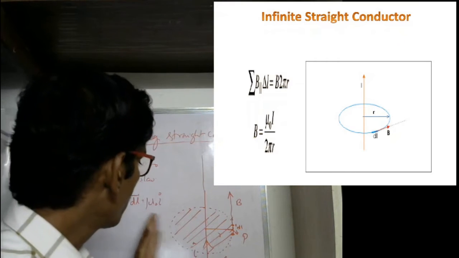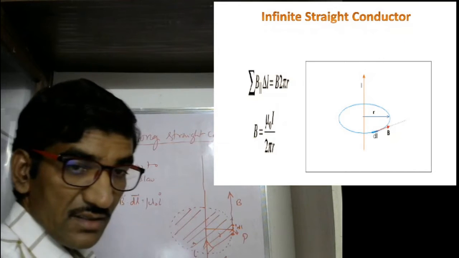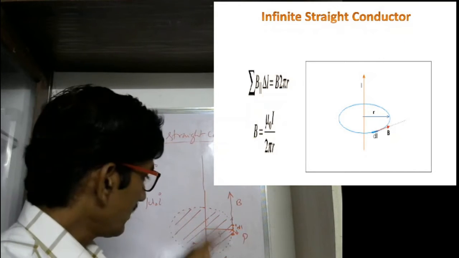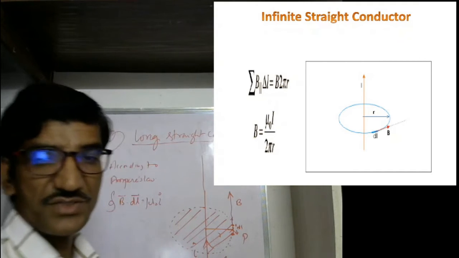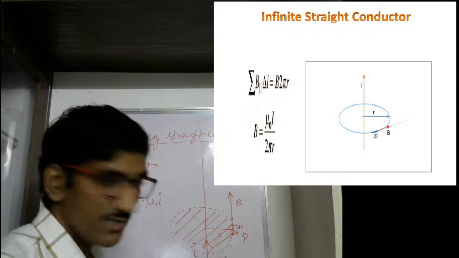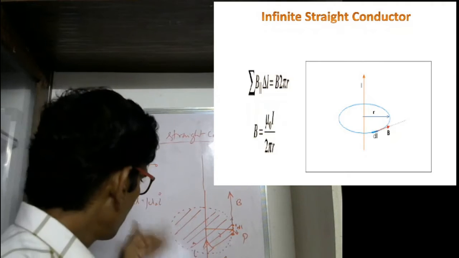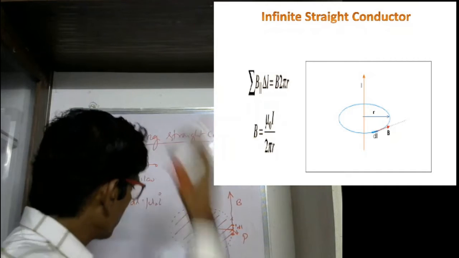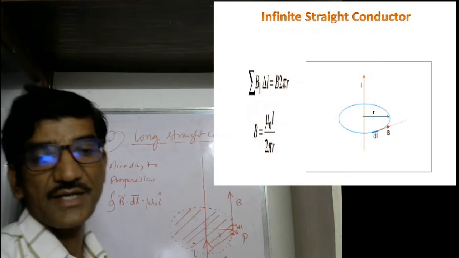On this side, we need not change anything, because the current linked with this closed curve is I itself. You are doing the experiment in free space, so you need not change this μ₀. Now you have to evaluate this integral to find B.